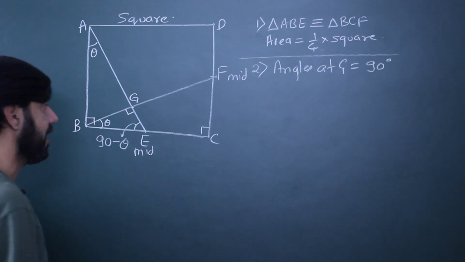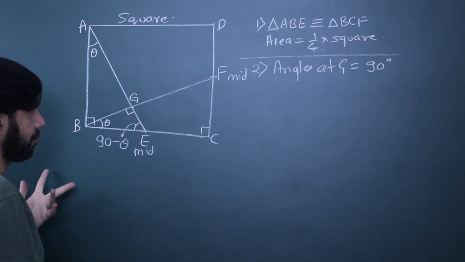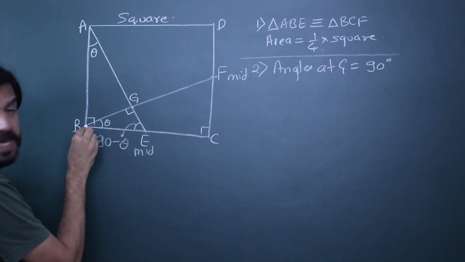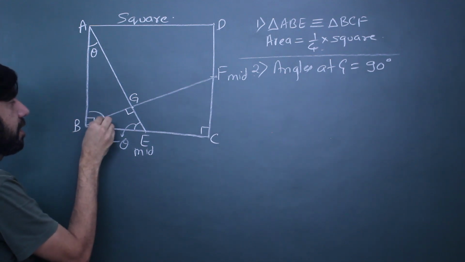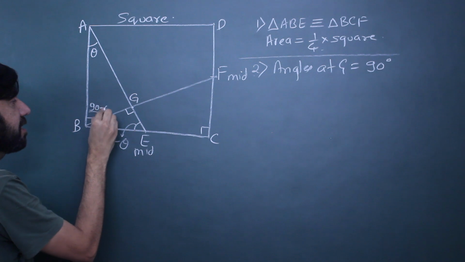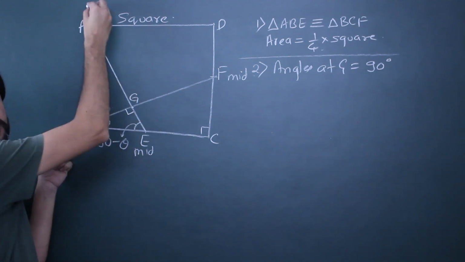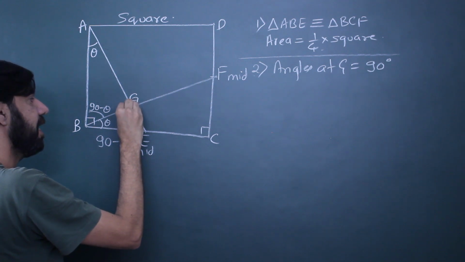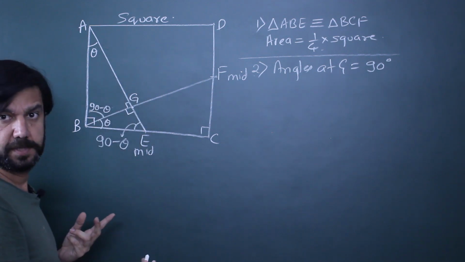A major part there, right? And you could arrive at this in the other way also. This angle at vertex B is 90, this is theta, so the angle above is going to be 90 minus theta. Now if I take ABG, there also I have a theta, 90 minus theta, and the third angle has to be 90, right?